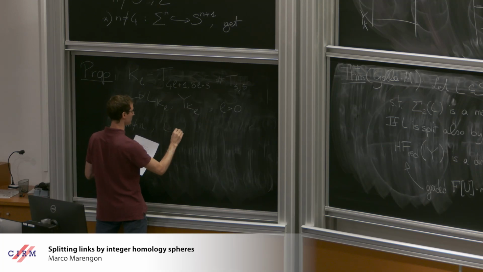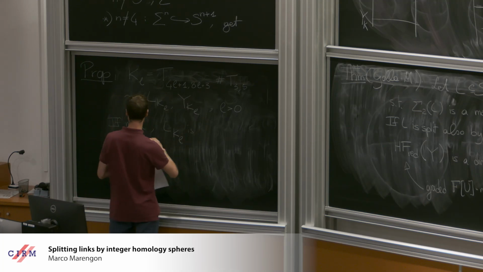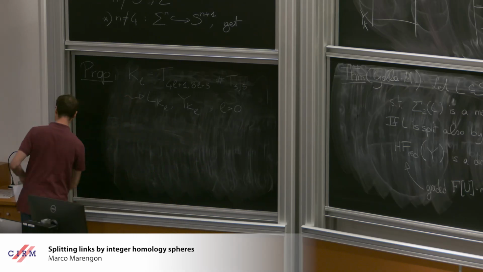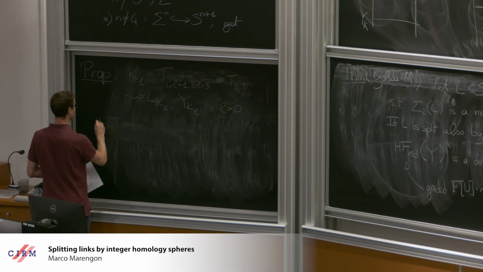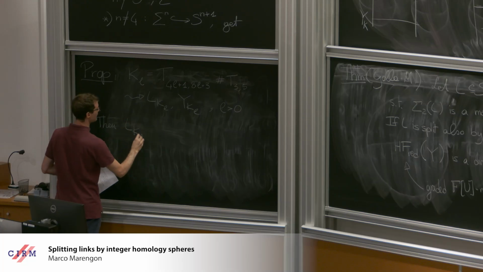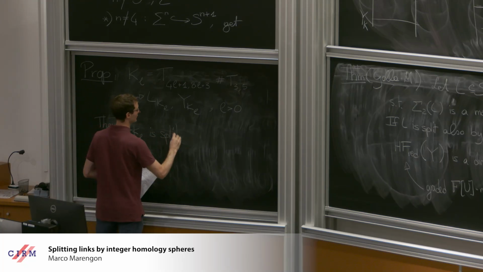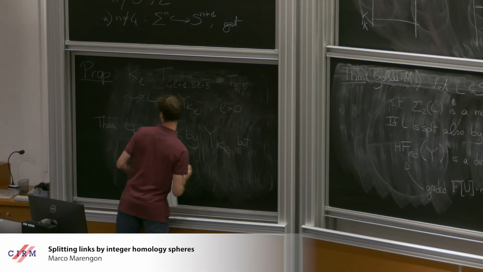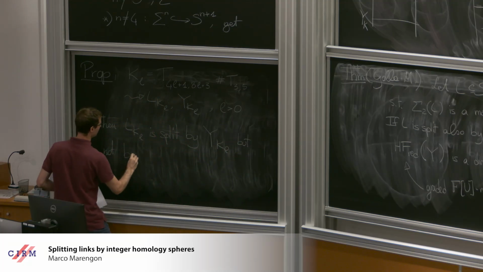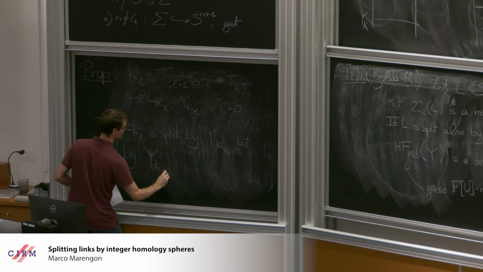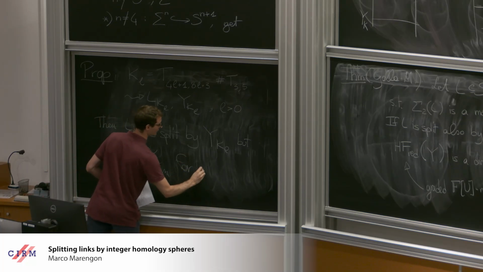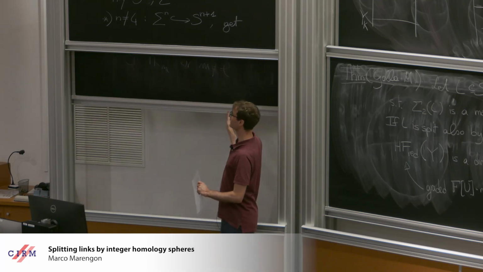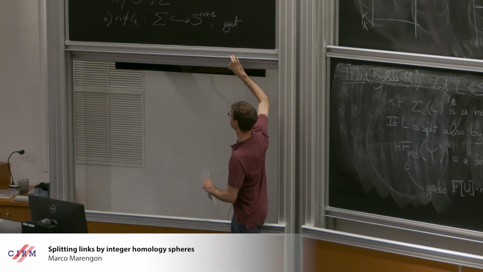Okay, let's state it this way, L_KL is split by Y_KL, but not by Y_KM for M different from L. So it is split exactly by one manifold of that family.